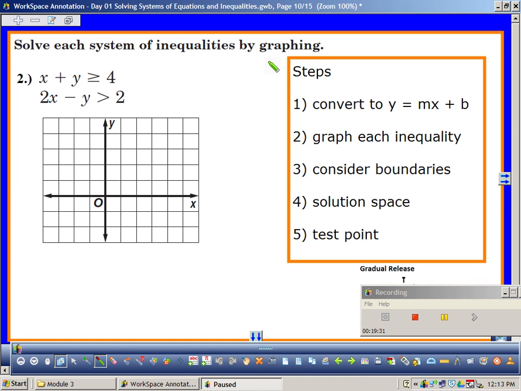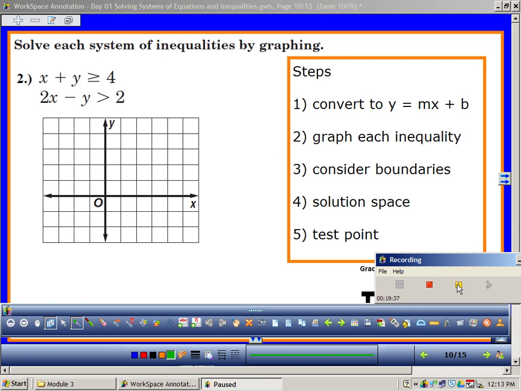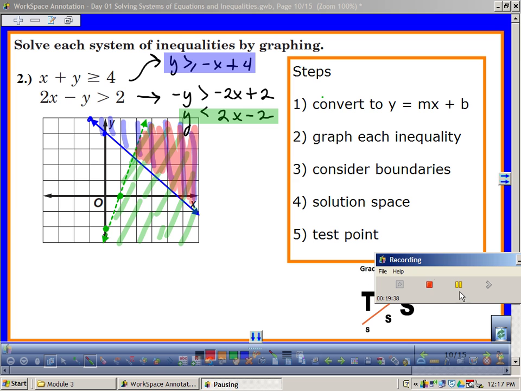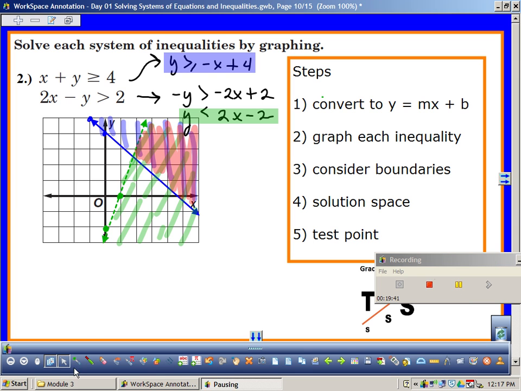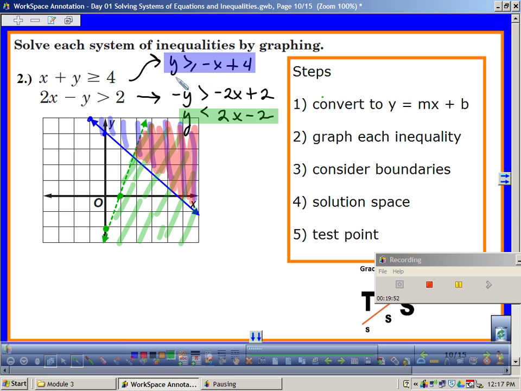All right, let's go. Solve each system of inequalities by graphing. All right, here's what I got. Let me show you on an assessment, because that's what you guys usually care about the most, right, where the points are. One would be a point for the correct slope-intercept form here. You know what your line's supposed to look like.